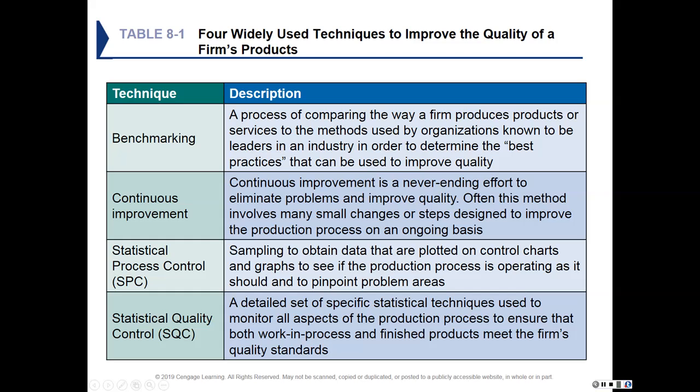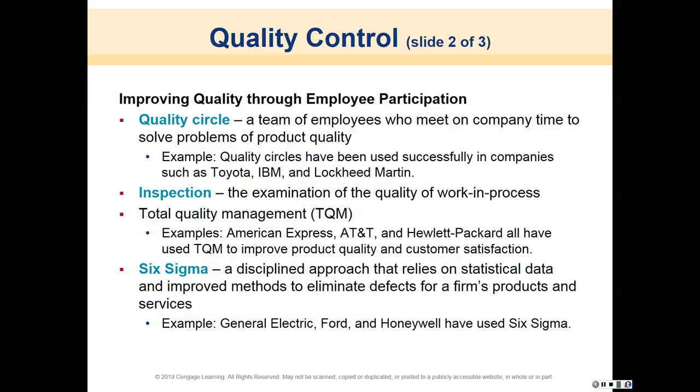Statistical quality control is that same kind of concept, but it's specifically techniques used in statistics to make sure that the data we're looking at is statistically accurate and relevant to what we're working on. So some different ways that we might do that is, one is called a quality circle.